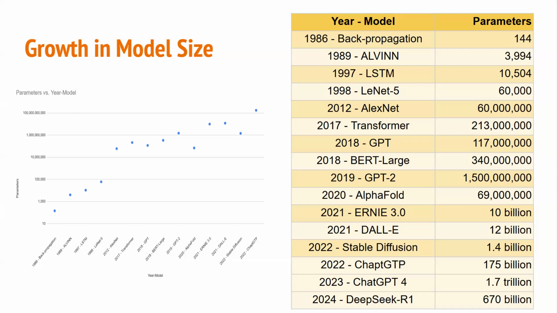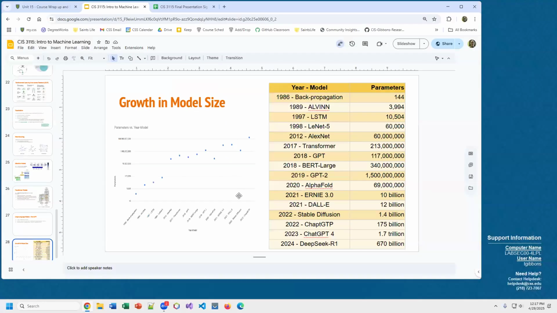DeepSeek was this Chinese company that came out with a smaller model that was trained very inexpensively, and it only had 600 billion parameters, which is bigger than anything we'd even think about three years ago. But today we talk about it as a small model. So that's kind of where we're at. And then we talked a little bit about how we're seeing these large language models in robotics and some other areas.